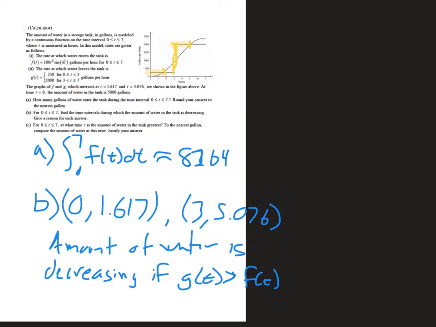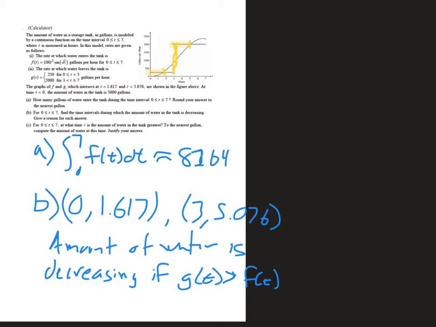Now part C, at what time t is the amount of water in the tank the greatest? So we're looking for a maximum here. We know that a maximum can only occur at a critical number or at an endpoint. In terms of critical numbers, we can be a little more precise. A critical number is where the rate of change is either 0 or undefined, but that can result in either a maximum or a minimum.